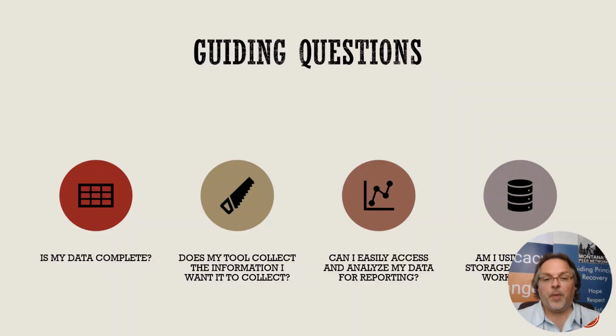Okay, so when you're collecting the data itself, here are some of the questions you're going to ask yourself, and you need to for the evaluation part of this. Is the data complete? One thing I've learned over the years is that when you're doing data collection, there's going to be a percentage of individuals who aren't going to answer all the questions.